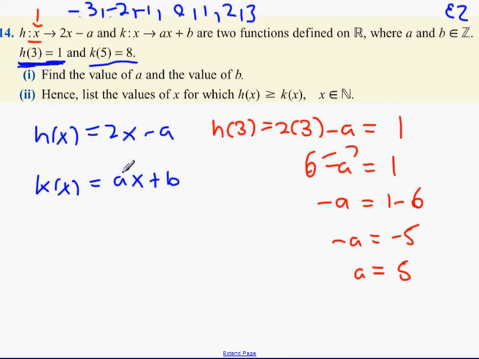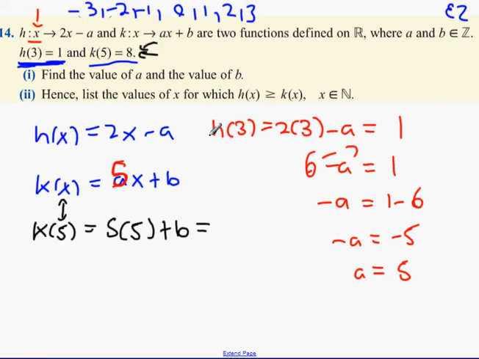Now, replace a with what, guys? a is now the number 5. And it says k of 5 equals 8. So what does k of 5 mean, Mick? Any idea? That you just replace x with 5. 5 times 5 plus b equals what?